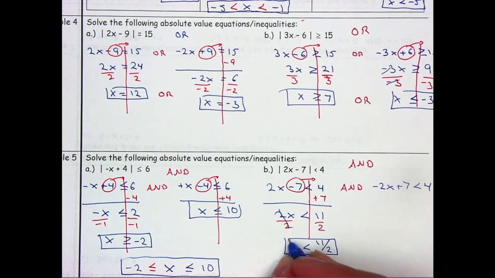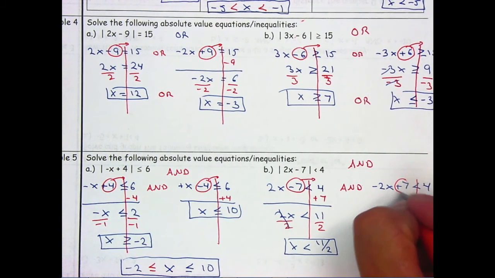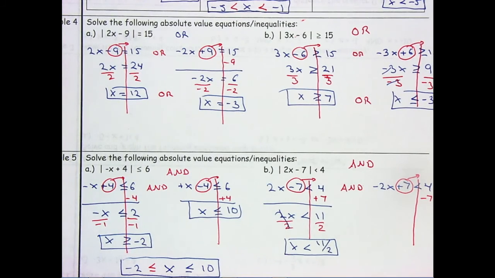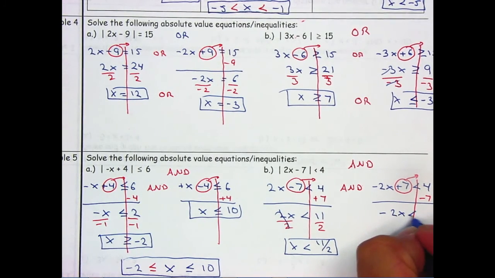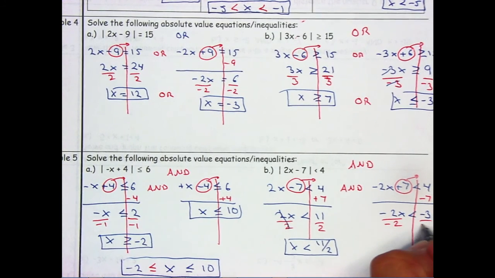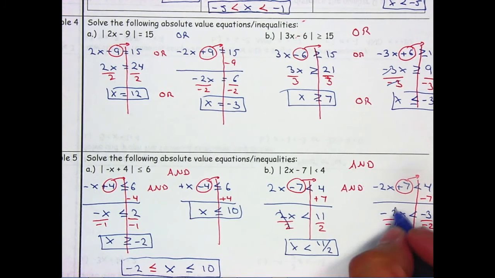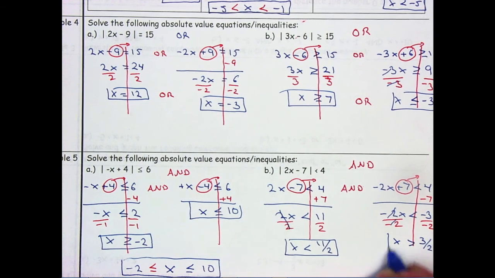And, I'm going to move my 7 to the right, becomes a negative 7. Negative 2x is less than negative 3. I'm going to divide by negative 2. This will cancel. So x is greater than negative, and negative is going to be a positive 3 halves, or 1 and 1 half.